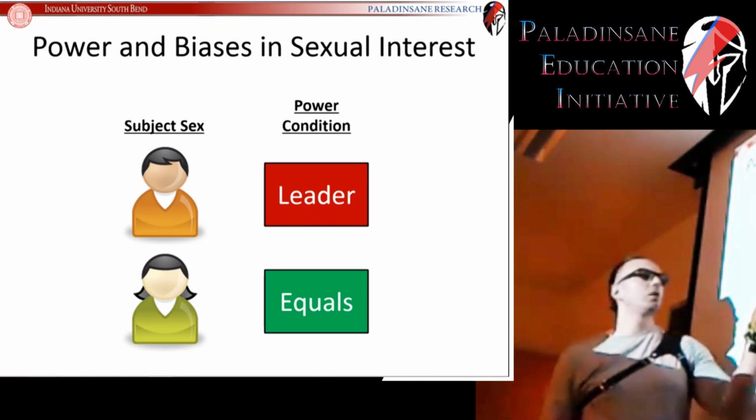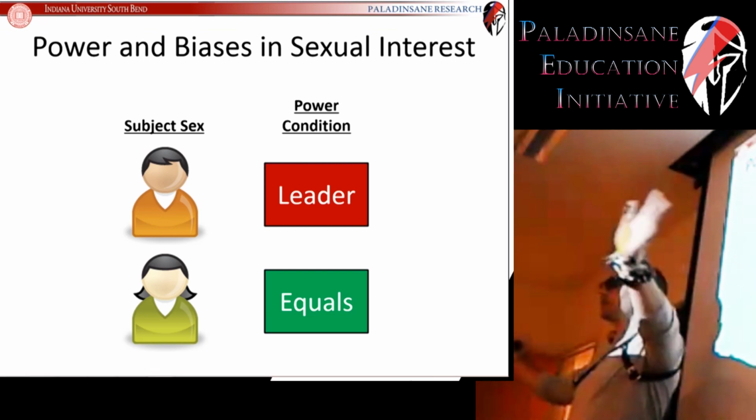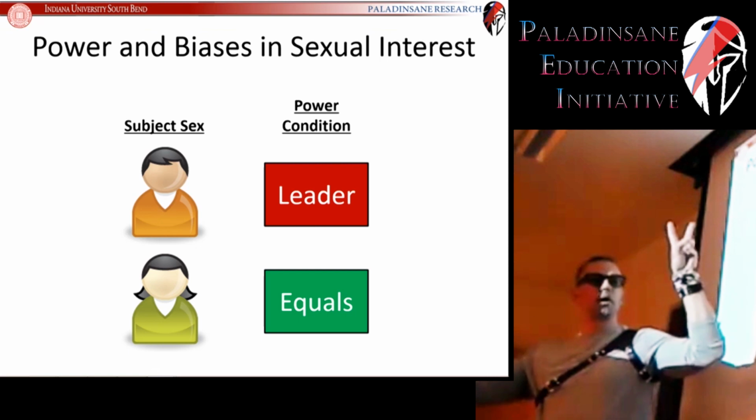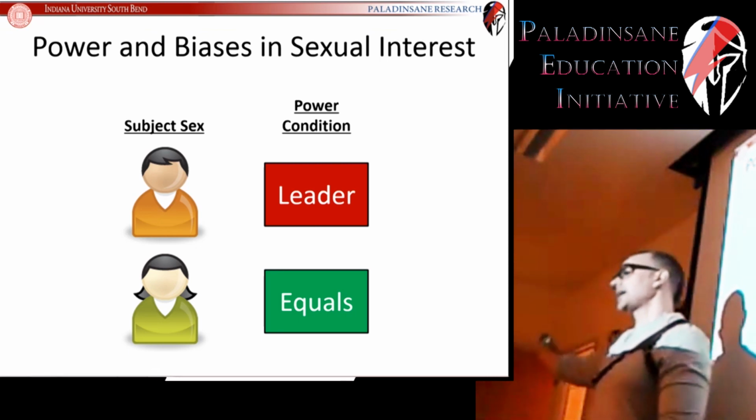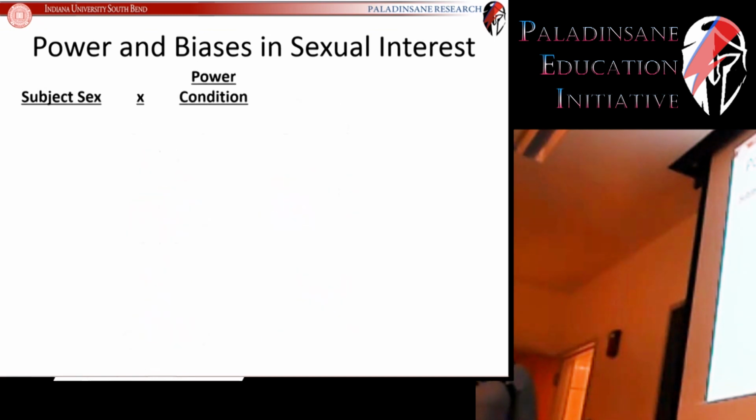And then half of the females were told that they were leaders. They decided how many points they get and how many points their male partners get, or that they were equals. They got 5 and their partners got 5. So we got 4 conditions here.